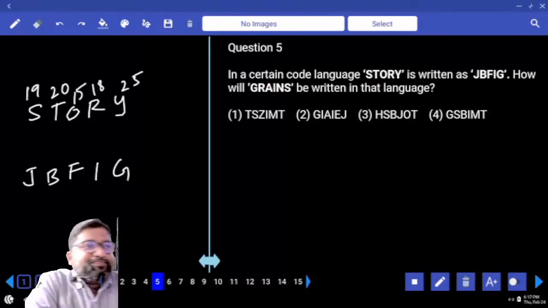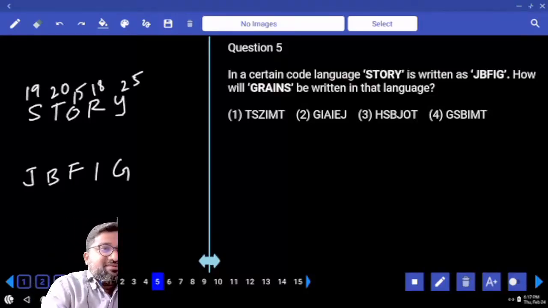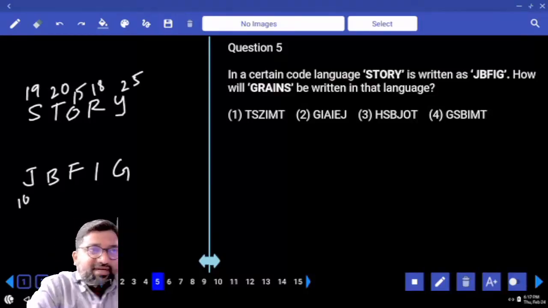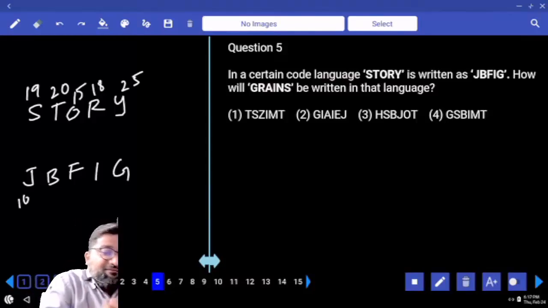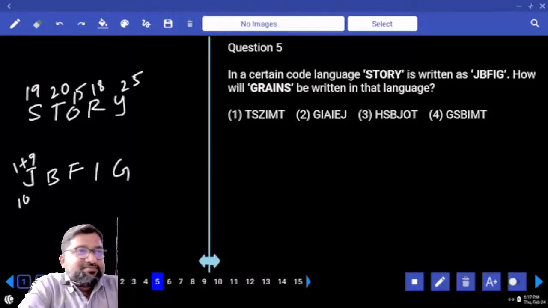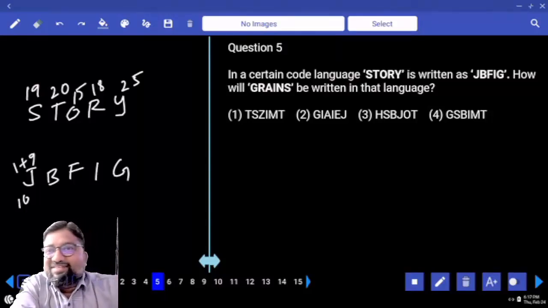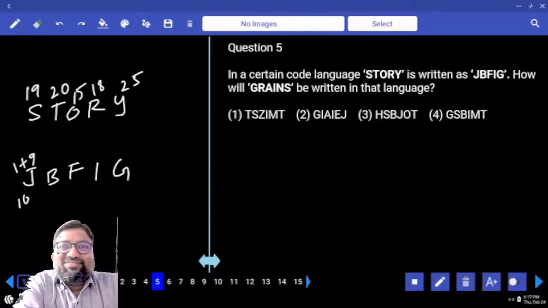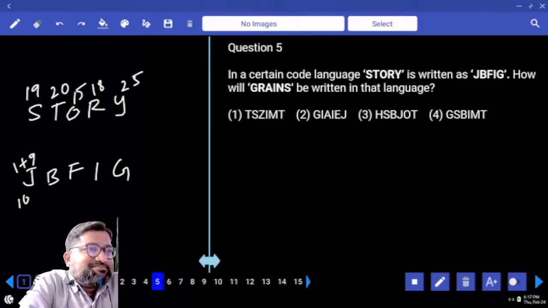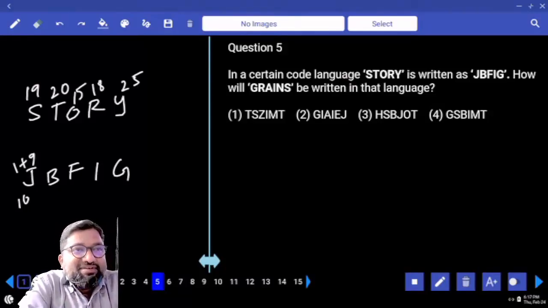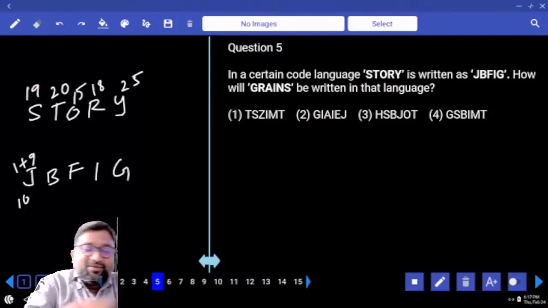Any guesses? What's the place value of J? Can you please tell me where did I get this 10 from? 1 plus 9, sum of the place values. This is sum of the place values. Is this clear? What's B? Come on, what's B? 2 plus 0.